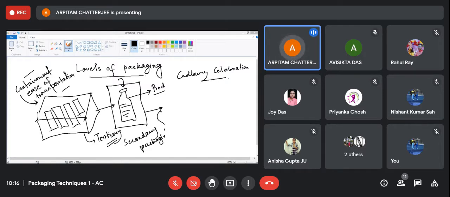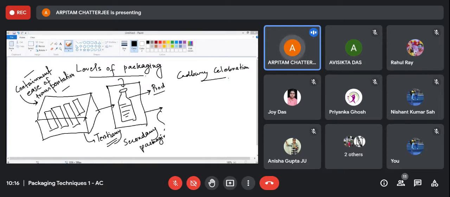So that is what I wanted to say, that there are three levels of packaging. Suppose you want to buy, say, 50 such Cadbury Celebration packs and take them to another place. Mostly what we do is put those 50 packets in another carton and then send or transfer it.